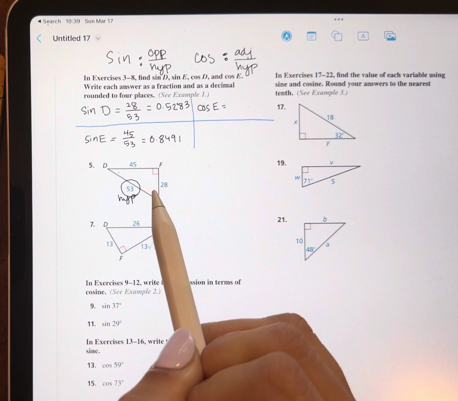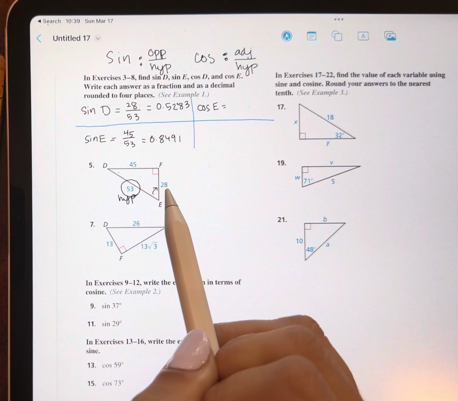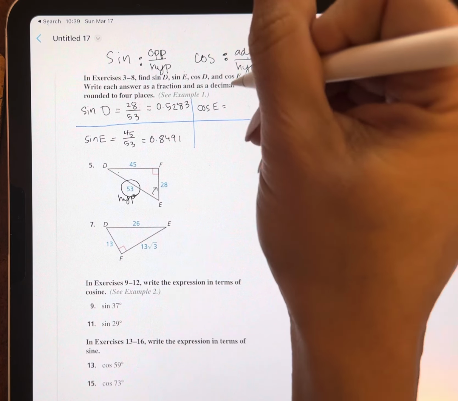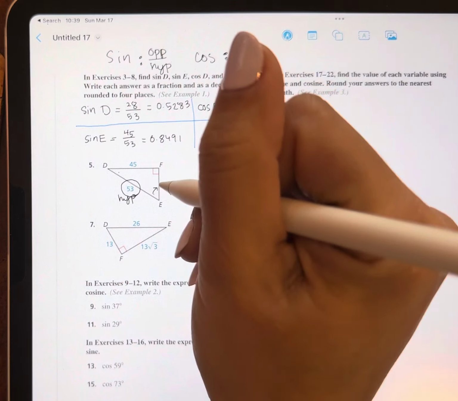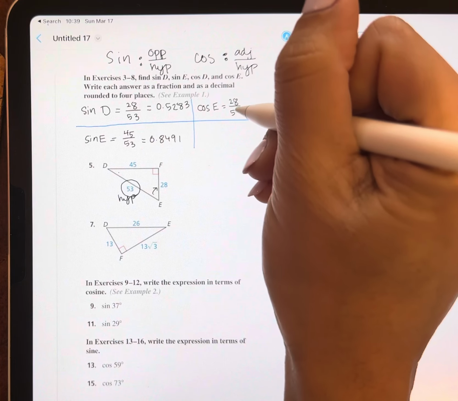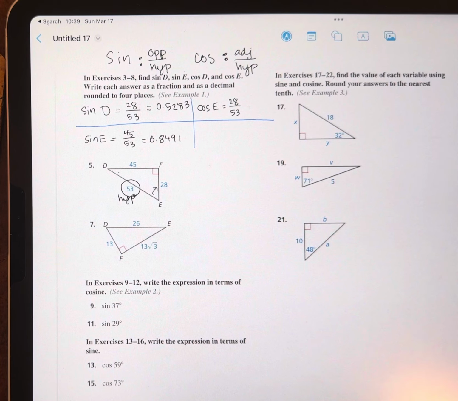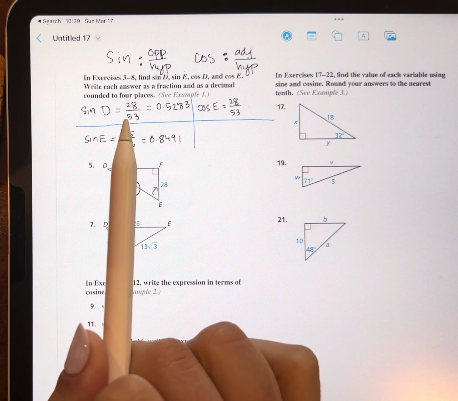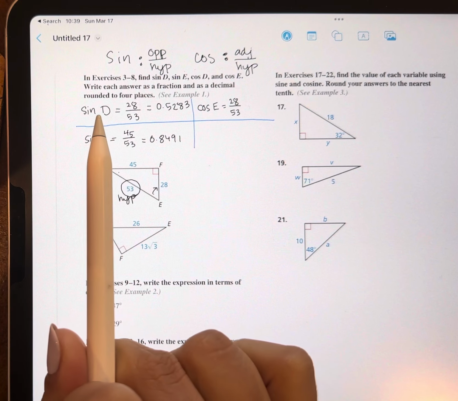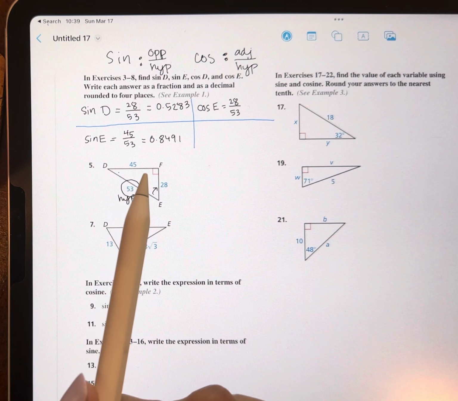Adjacent is that 28 over hypotenuse 53. It's always 53 in the triangle, it's not going to change in this triangle. And I notice, wow, look at that. Cosine of E is the same as sine of D, right?